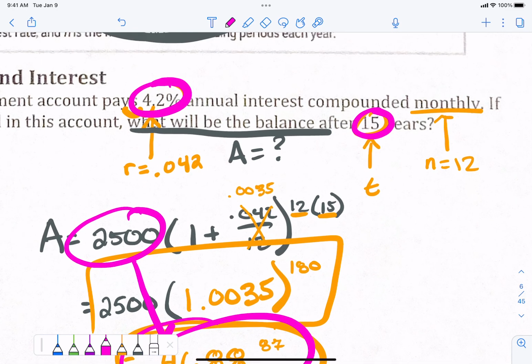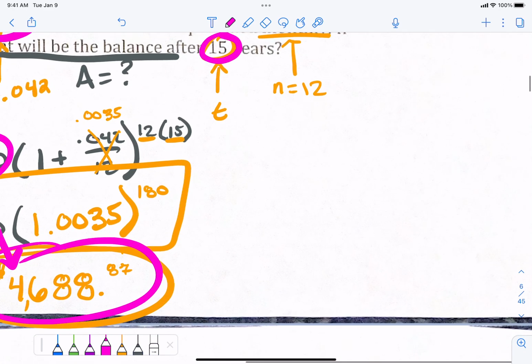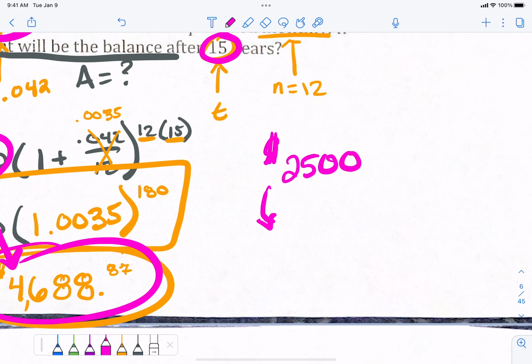In an actual savings account, you will get like less than 1%. You will never get 4.2% interest in a savings account. You will be lucky to put in $25,000 when you're born and 15 years later maybe end up with $2,600, just because the savings account is less than 1% interest. That's the way a savings account works, right?